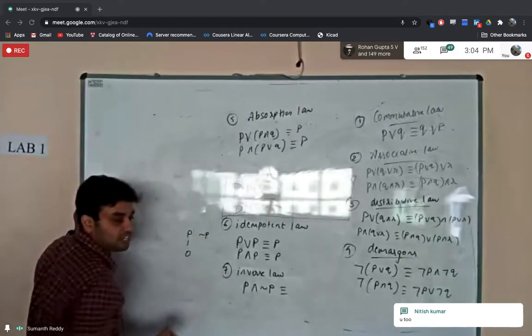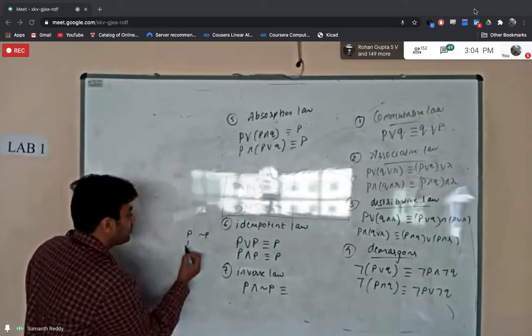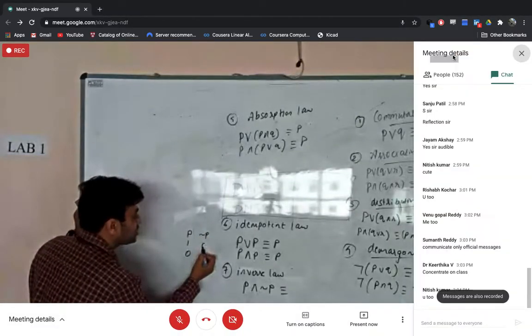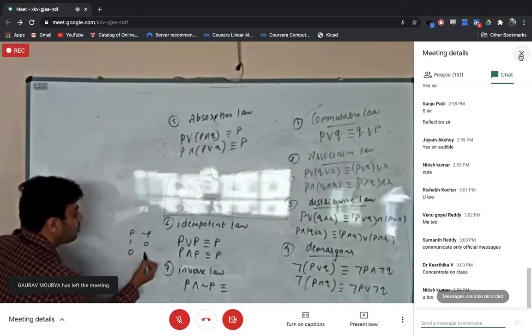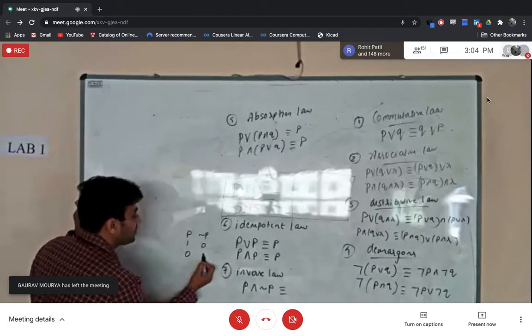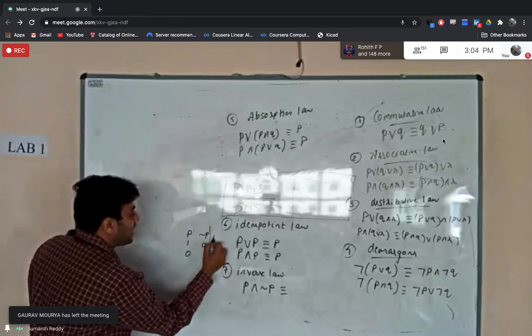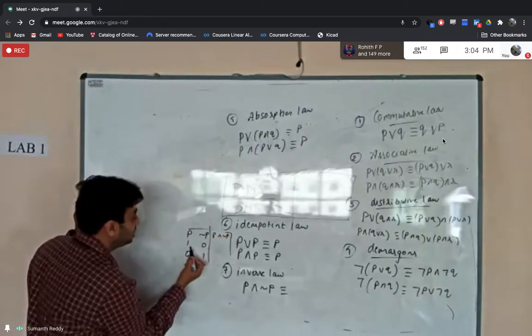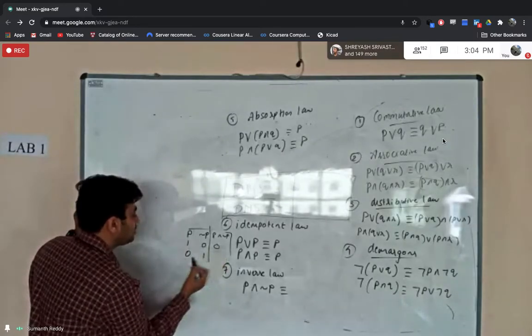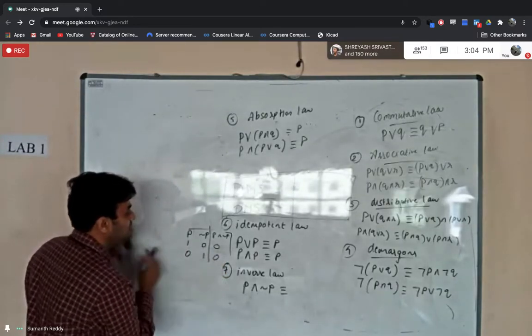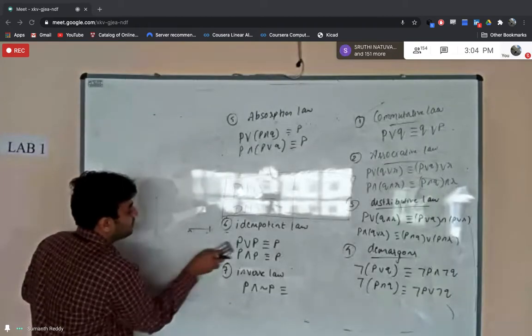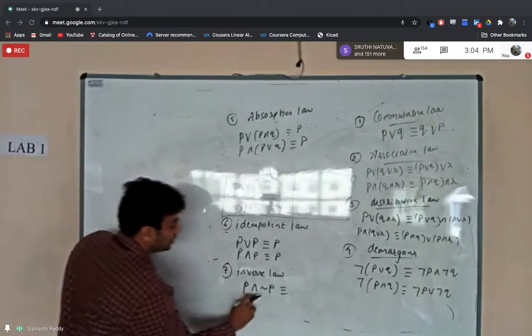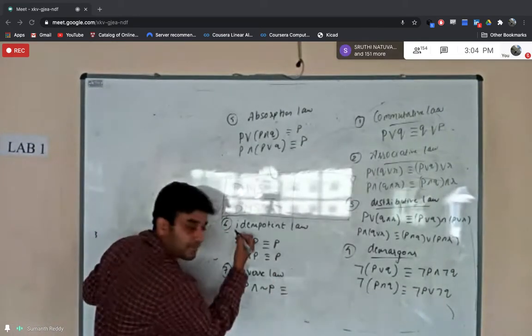Negation of P is just the opposite. So if P is 1, negation of P is 0. If P is 0, negation of P is 1. And what is P and negation of P? 1 and 0 is 0, and 0 and 1 is again 0. So whenever you perform the conjunction with its negation, you always end up getting 0.